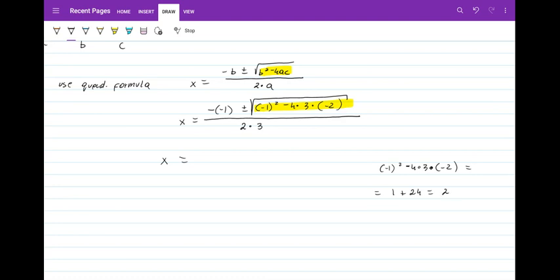So the discriminant, it's 25. So discriminant is greater than 0. So again, we will have 2 unequal real solutions.